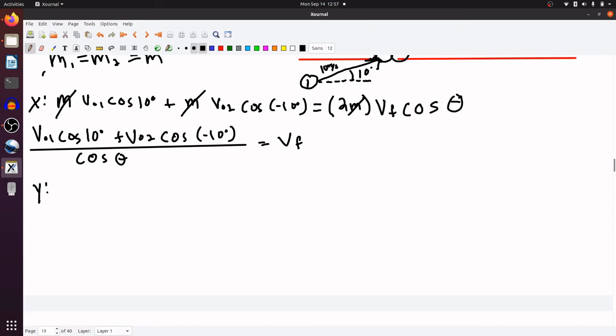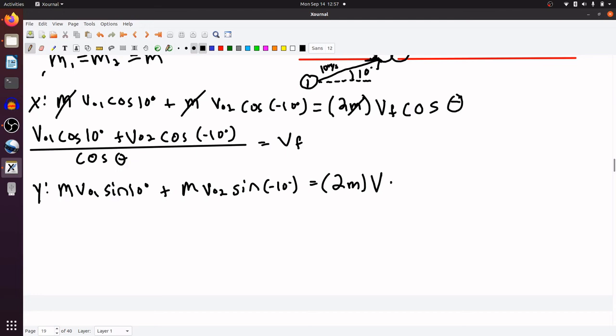So that's going to be m v01 sine of 10 plus m v02 sine of negative 10 equals, same thing, they stick together, so double the mass, the final common velocity, sine of theta.